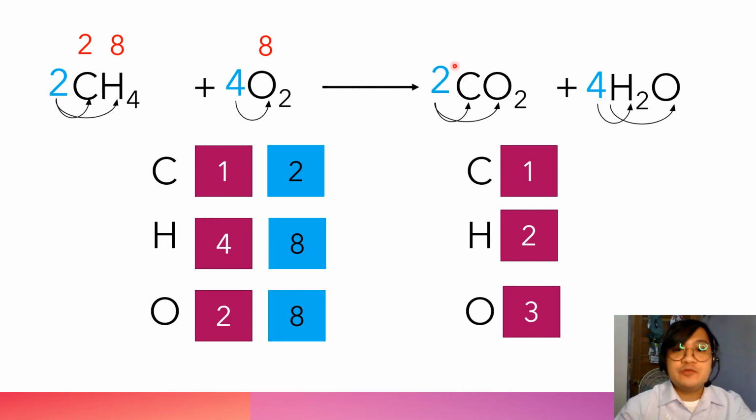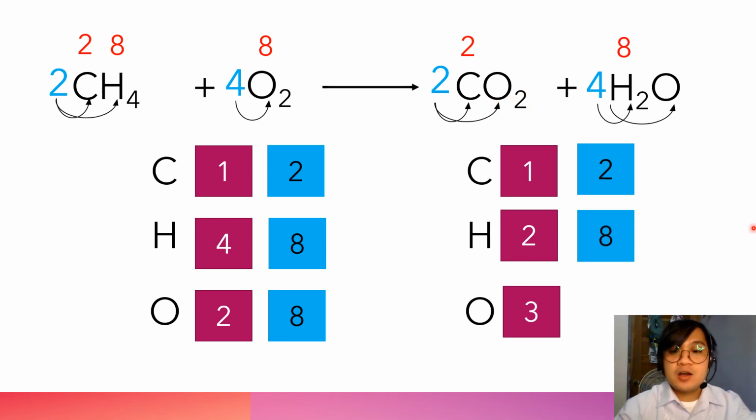Now, let's move to the product. For product, let's distribute 2 to carbon dioxide. So 2 times carbon, which is 1, this will be equivalent to 2. Sorry, let's move to hydrogen first. So for hydrogen, we have H2O. Therefore, 4 times 2 because we have 2 hydrogen atoms.